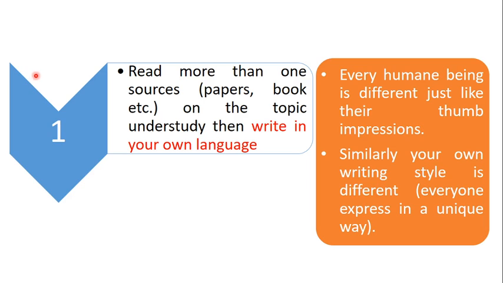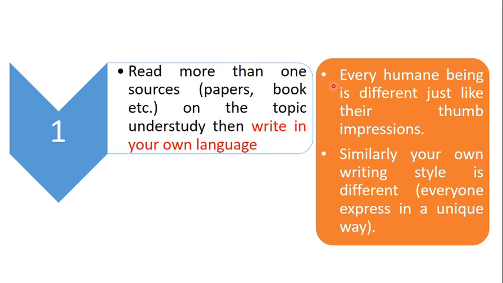The first and the foremost important point is to read from more than one source, such as papers, books, etc. on the topic under study. Then you should write in your own language. When you write in your own language, the similarity will automatically be reduced.